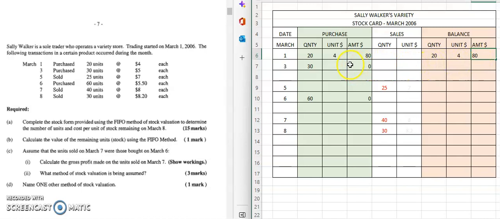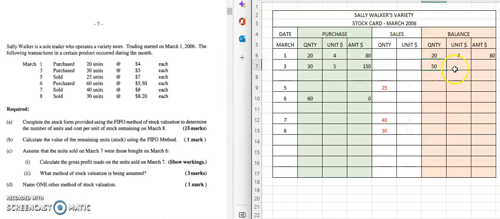On March the 3rd, she goes to the suppliers again and buys another 30 units at $5, right? So she spends $150. So now she has a total of 20 plus 30, or she has 50 units.